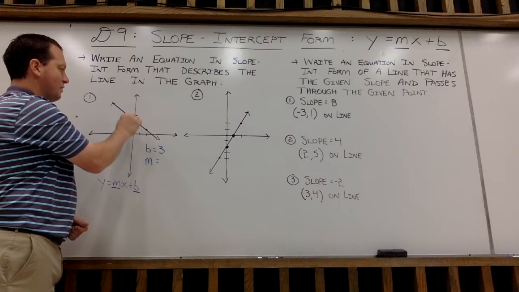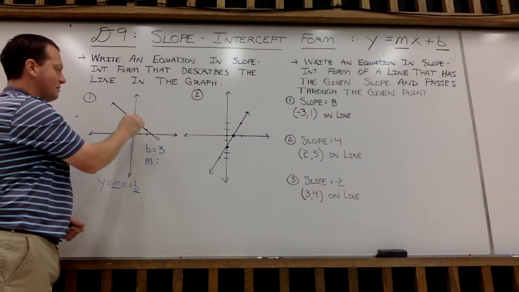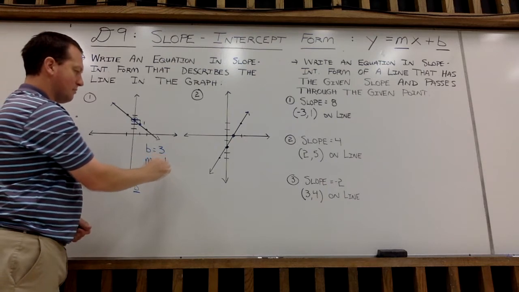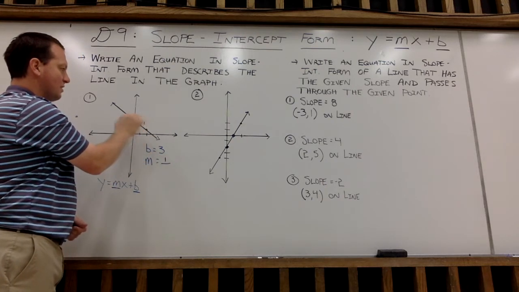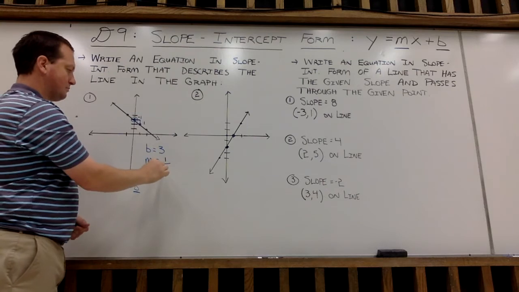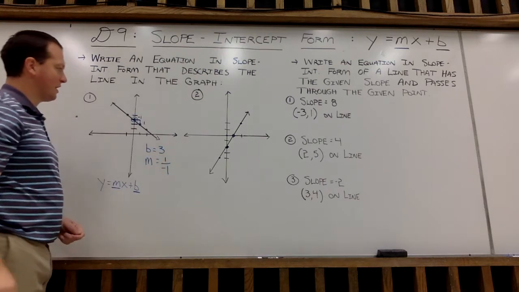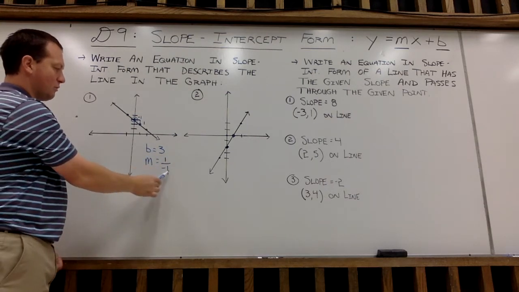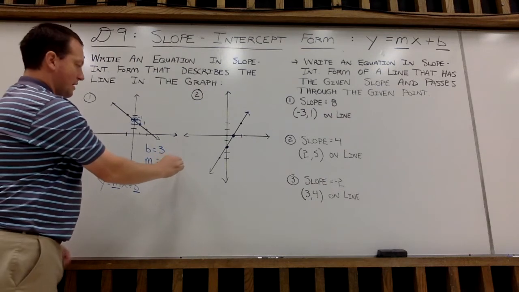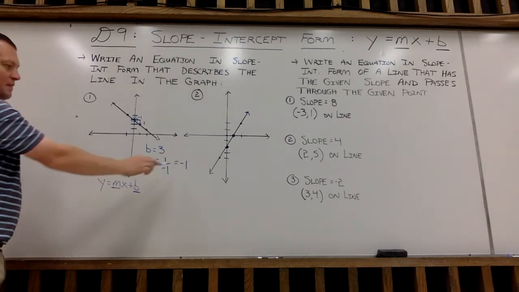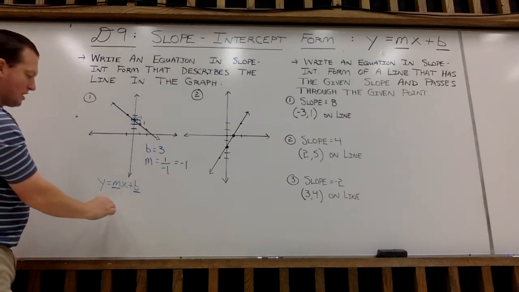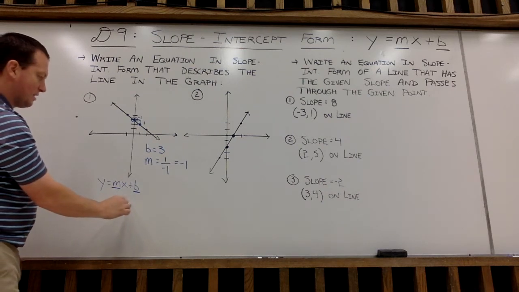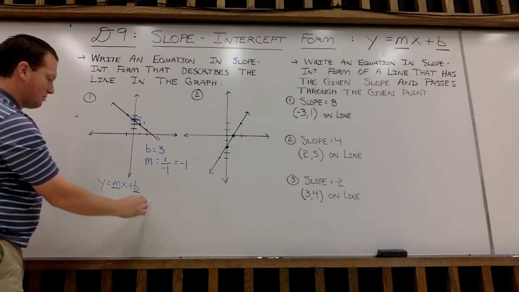So if I go from here to there, I'm going to go up 1, so my rise is up 1, and then my run is 1 to the left, so negative 1. So 1 over negative 1, rise over run. That is negative 1. So plugging in these values into my equation, I have y equals negative 1x plus 3.